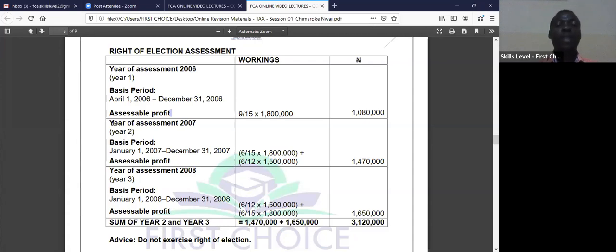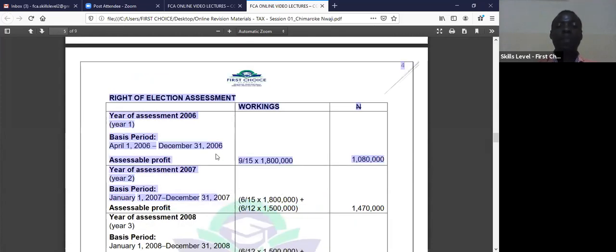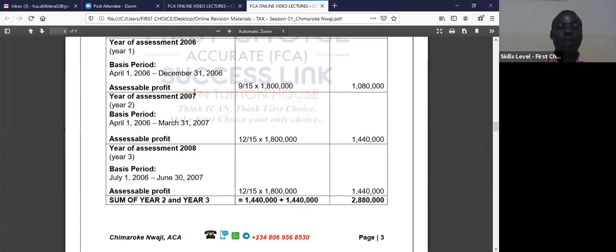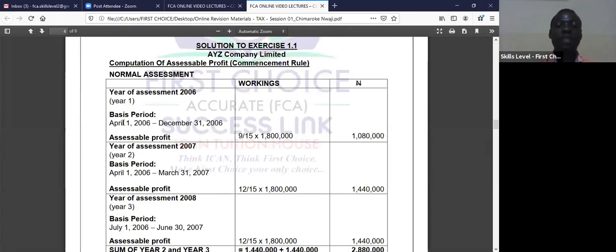The reason for this right of election is this. Because you have done year 1 on actual year basis, you want to do year 2 at actual year basis and year 3 at actual year basis. Remember, in this commencement rule, we said year 1 is actual year basis from the date the business started to December 31st.